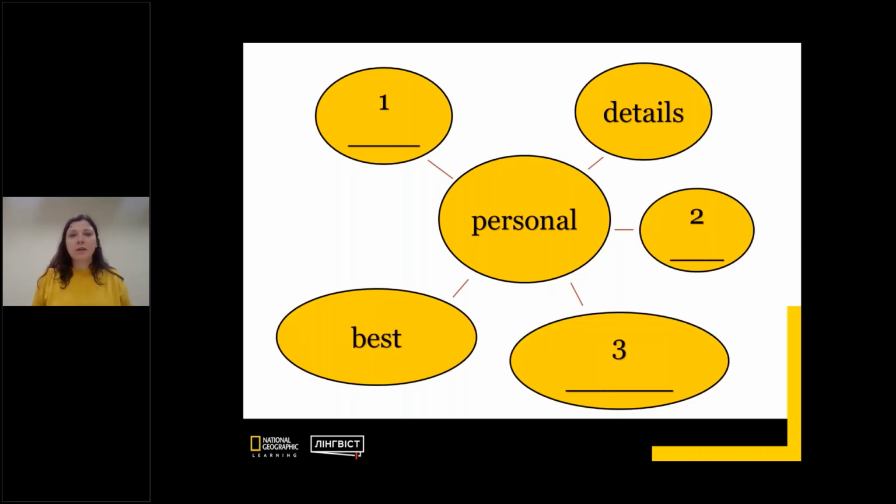I just substitute some words to the gaps, and now all we need to do is to remember what words were in the circles 1, 2, and 3. Let's check your memory. Do you remember?